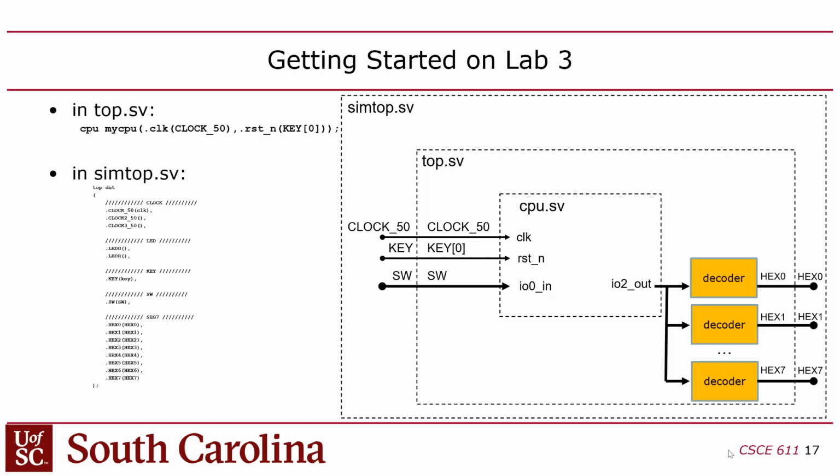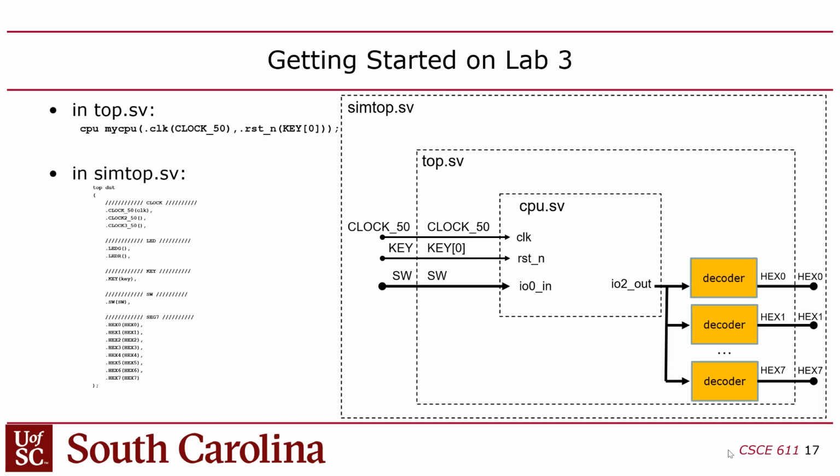Now here's the other thing though, the 7-segment decoders. This is the part you may not agree with, but I usually put the 7-segment decoders in top.sv as opposed to CPU.sv. That's up to you, but I always consider the decoders kind of external to the CPU. So the CPU is going to have an output port, I call it IO2, just because IO2 is the CSR name that we gave the hex displays.